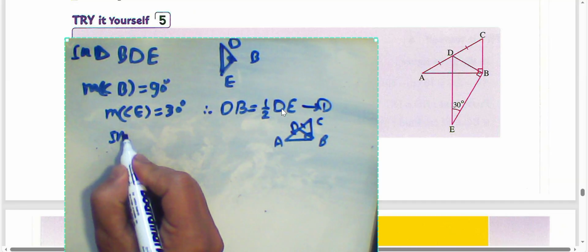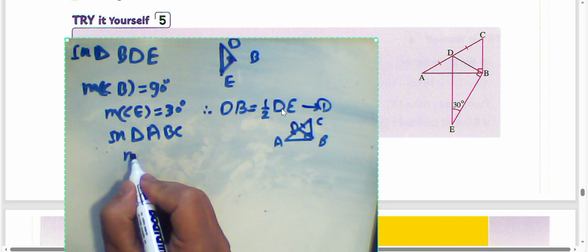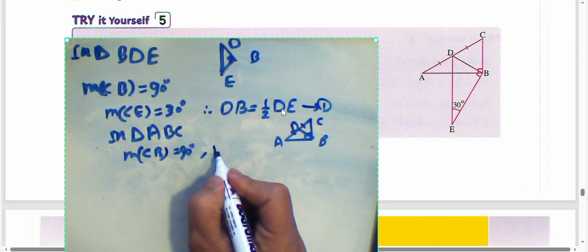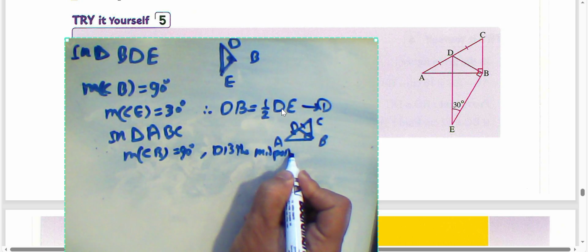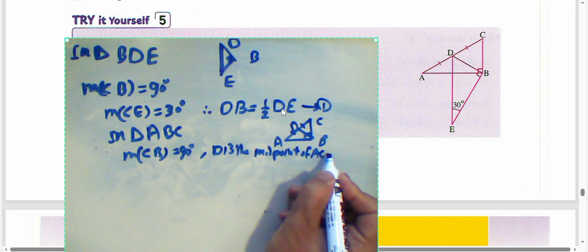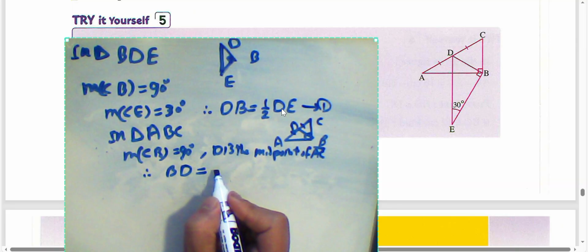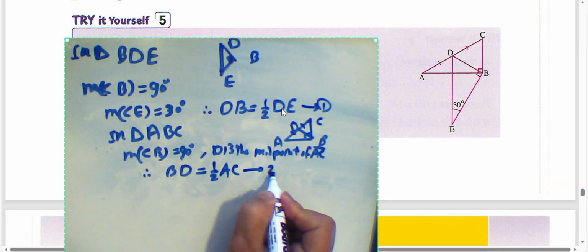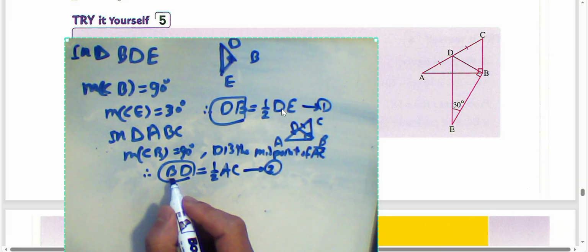In this triangle EBC, the measure of angle B was 90 degrees, and D is the midpoint of AC. Then we have the rule that BD will be half of AC. It's relation number 2. From 1 and 2, DB will be equal to BD.